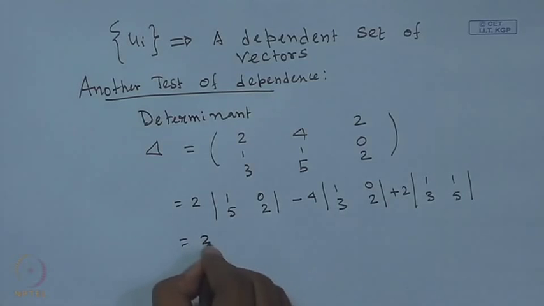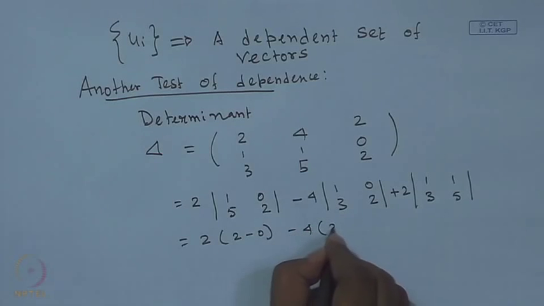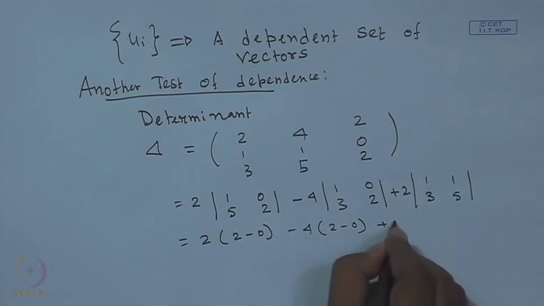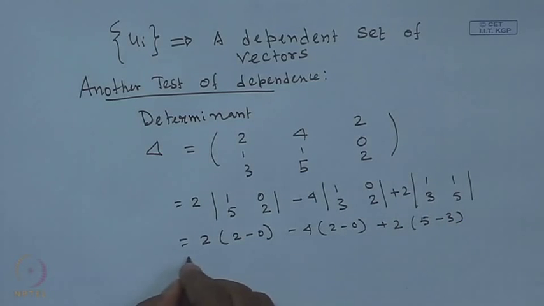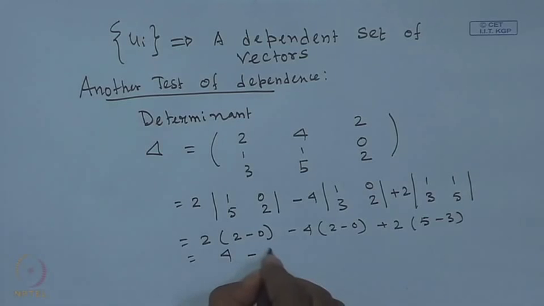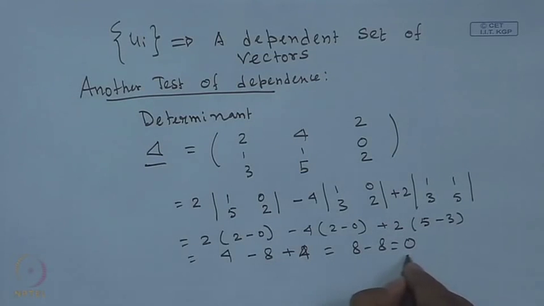So, this becomes 2 multiplied by 2 minus 0, the cross multiplication, minus 4 times 2 minus 0, plus 2 times 5 into 1 minus 3 into 1. So, this will be 4 minus 8 plus 2 into 2, which is 4. Therefore, this will be 8 minus 8 equal to 0. So, this determinant is equal to 0.